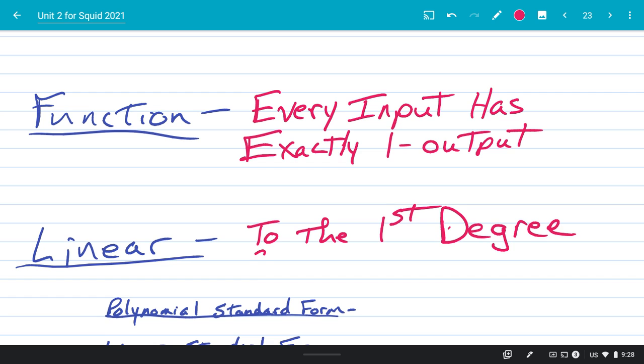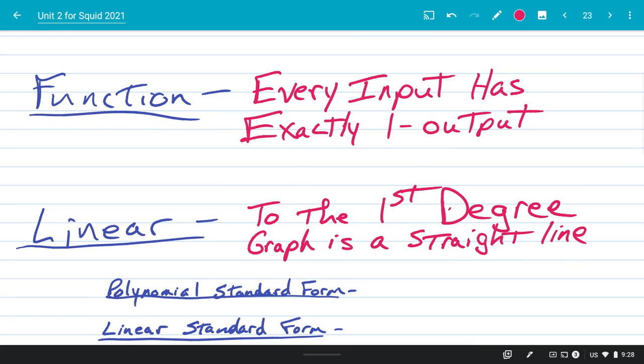Its graph is a straight line. One more thing about linear is it has a constant rate of change.